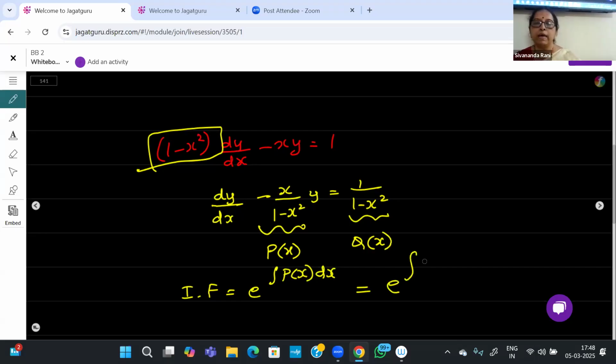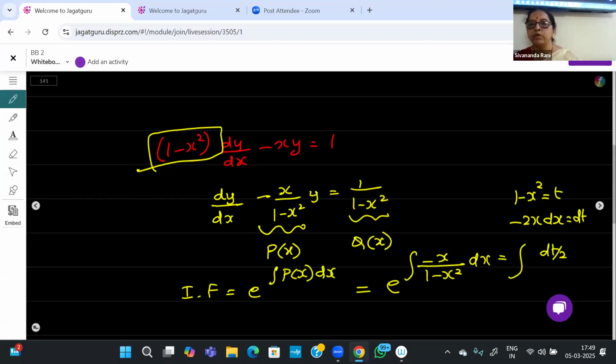So E power integral, mind the sign, minus x by 1 minus x square dx. So I substitute 1 minus x square as t. So minus 2x dx is dt. So minus x dx will become dt by 2 by t, isn't it?